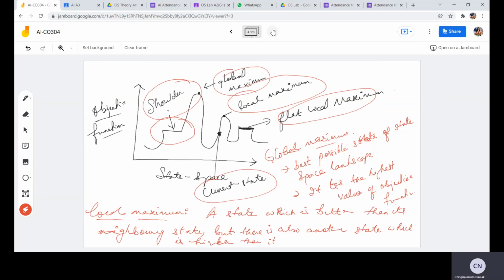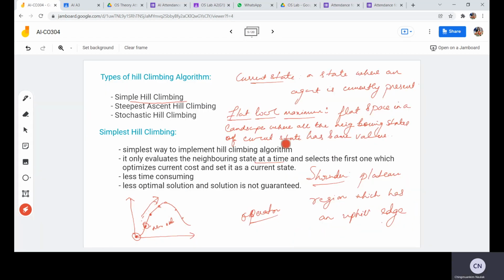That's what I'm saying. If you don't find any other point which is higher than the new value, then that is the peak. All right, so I think that's all.